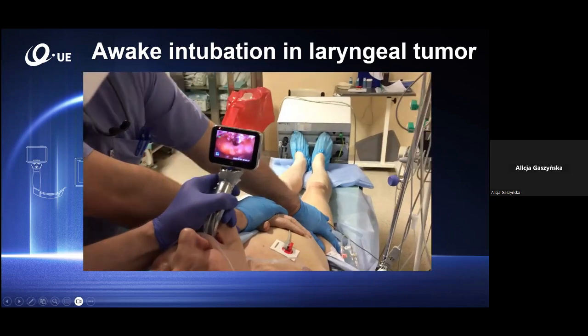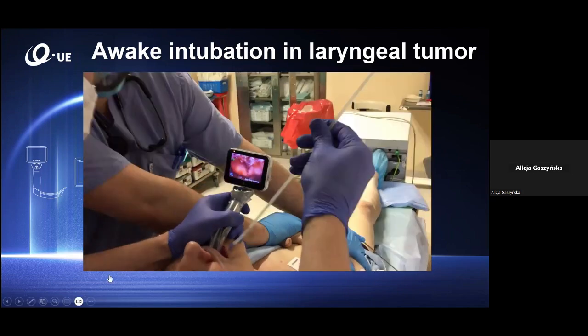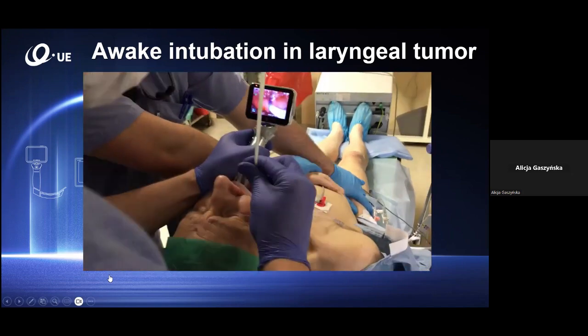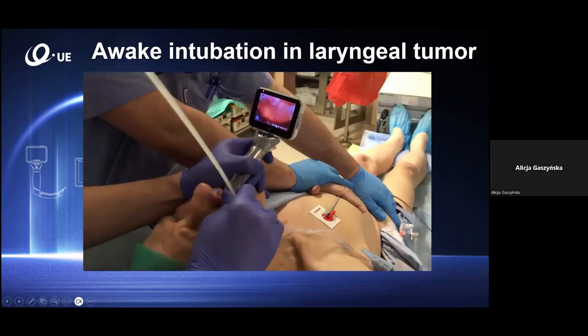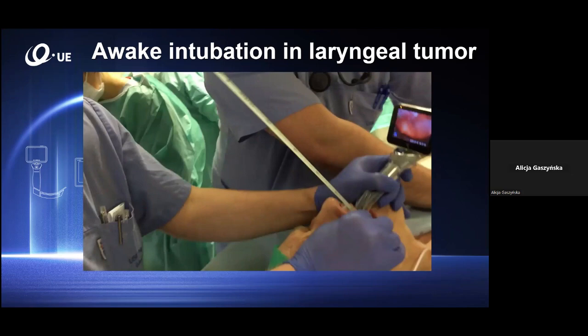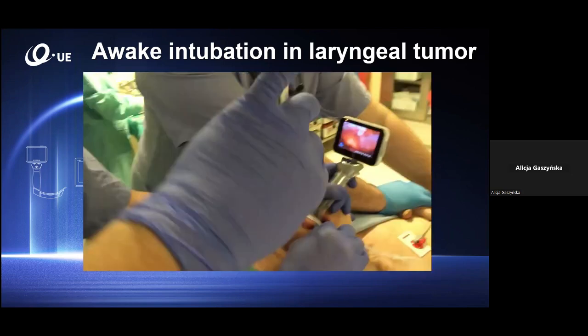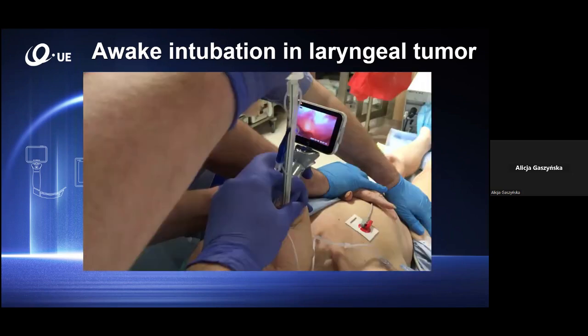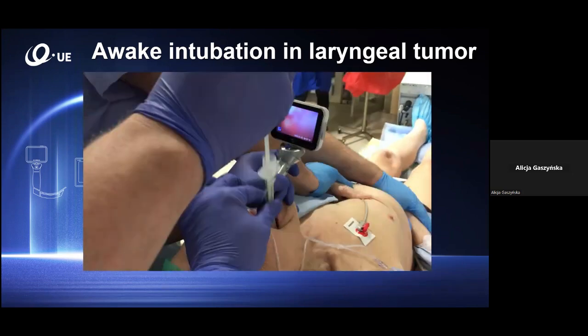As you can see here, the patient is breathing, and the intubation was possible with this UED-A video laryngoscope. So it's a very good alternative for the fibroscope in predicted difficult intubation for the awake technique.